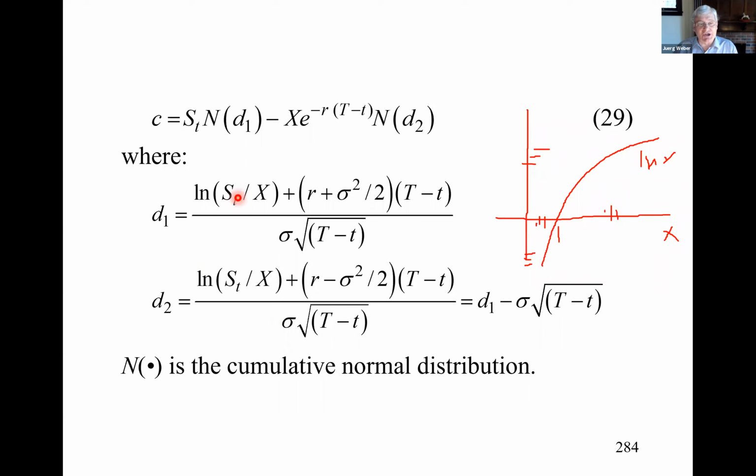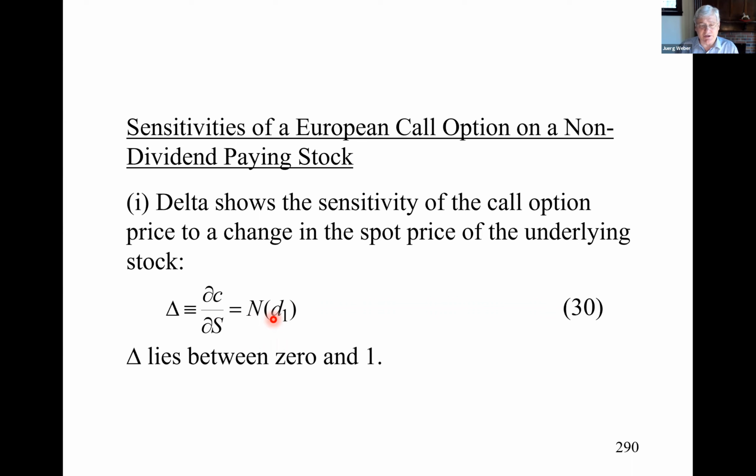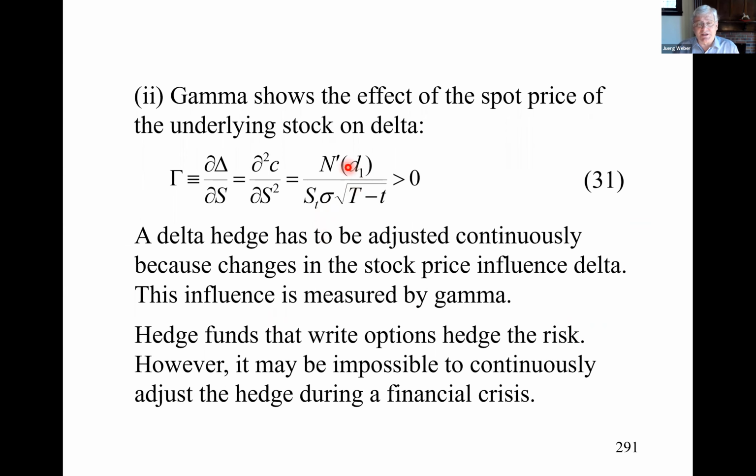You see, when S changes, the D1 will change. So you can now take the second derivative. It's just a derivative of this cumulative normal distribution when D1 changes because S changes. And that's what you get.